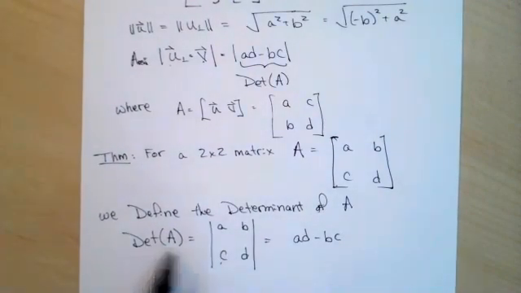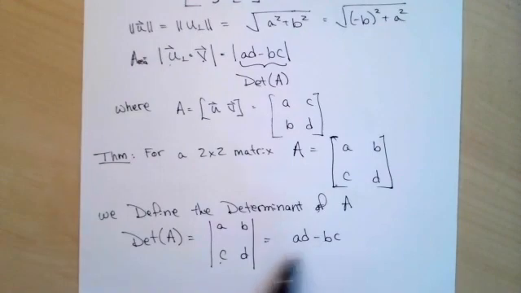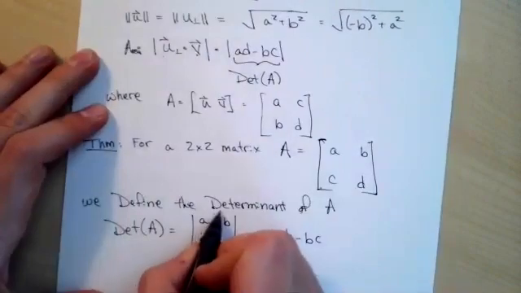Now, notice here, we usually don't keep the absolute values in a pure determinant. So this is our definition.